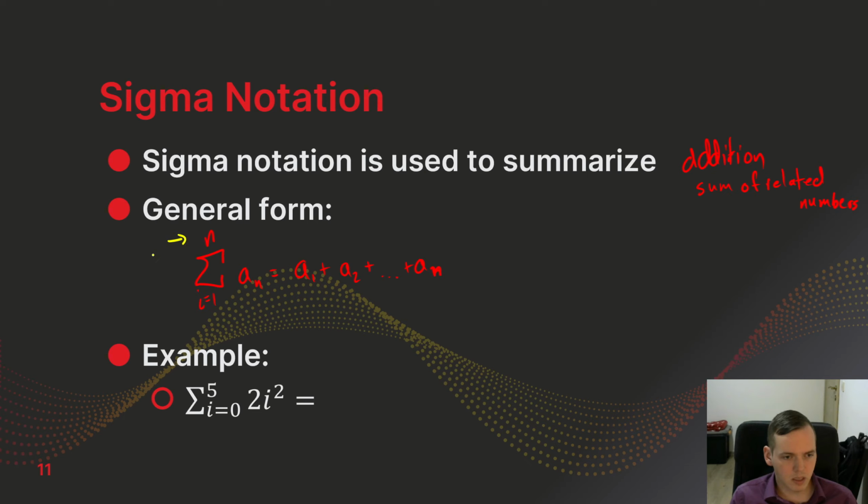So this is the upper bound of the index. This is the initial index value. This is what we call the general term.